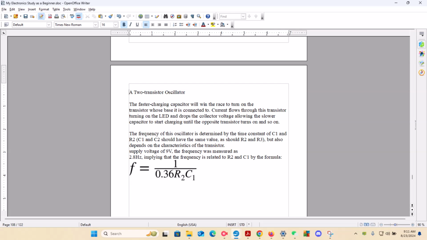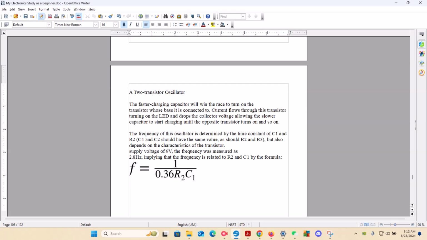A faster charging capacitor will win the race to turn on the transistor whose base is connected to it. Current flows through the transistor, turning on the LED and dropping the collector voltage, allowing the slower capacitor to start charging until the opposite transistor turns on, and so on. So you do this till this condition's met, then you go to the next condition.